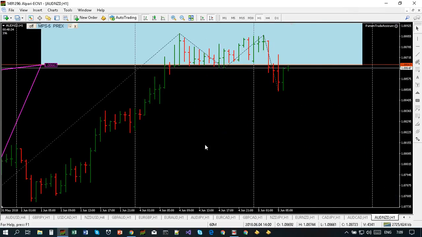Well, let's continue. So we had this range. After this trending bar, we had this range, and if it is broken to the upside, it means that we have a continuation. Although the range was broken by another range candle like this, so it signals continuation.